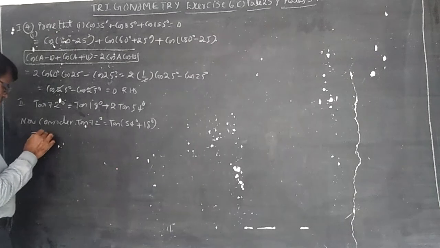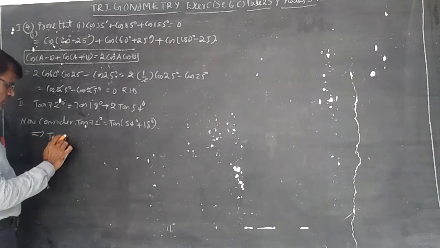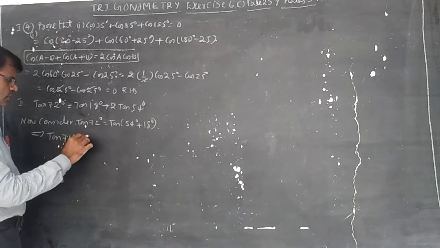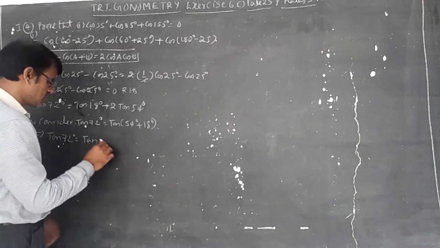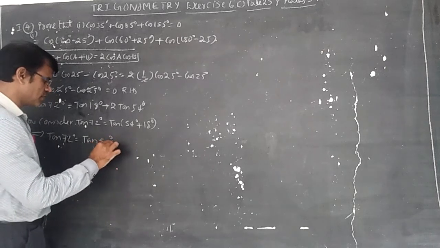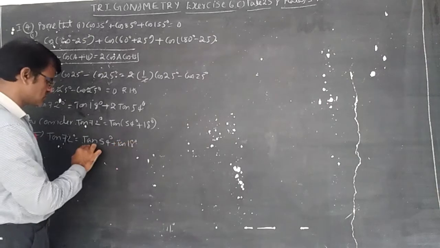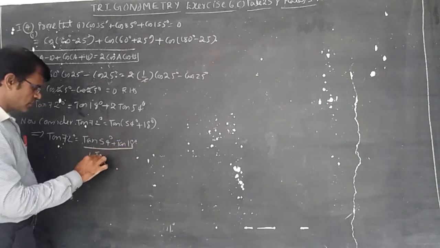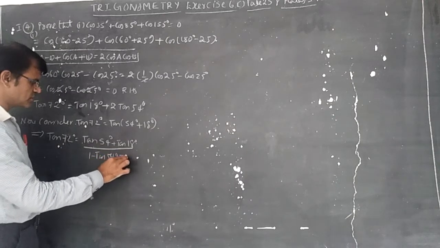That implies tan 72 degrees is equal to, this is of the form tan(A plus B), so (tan A plus tan B) by (1 minus tan A tan B). Tan 54 degrees plus tan 18 degrees by 1 minus tan 54 into tan 18 degrees.